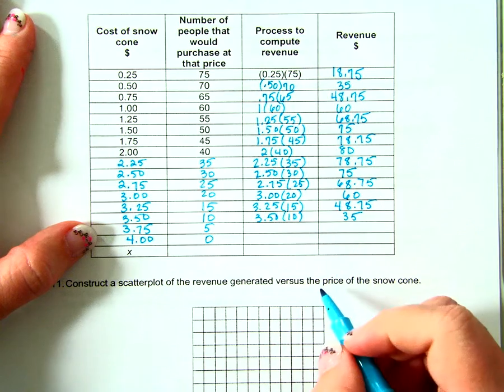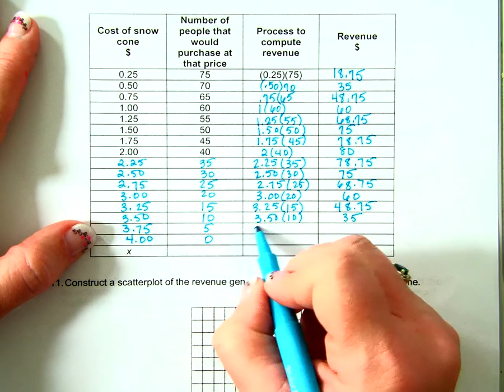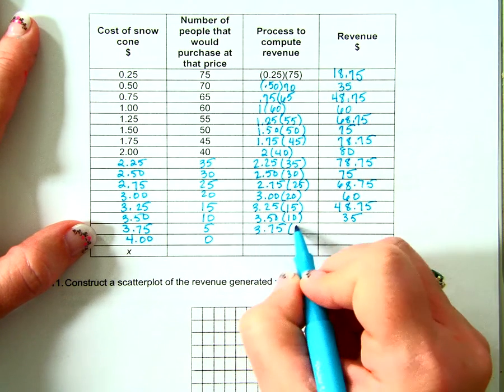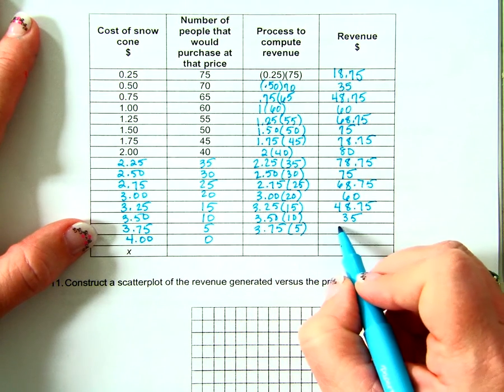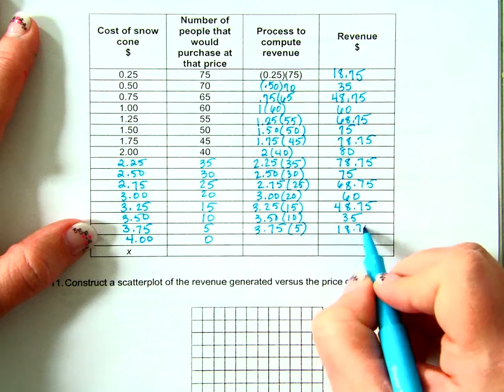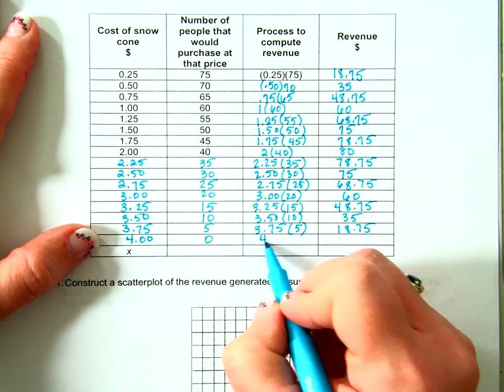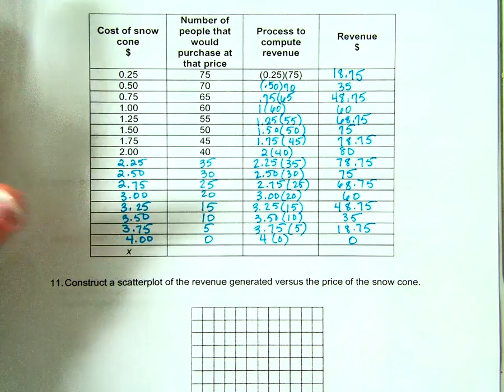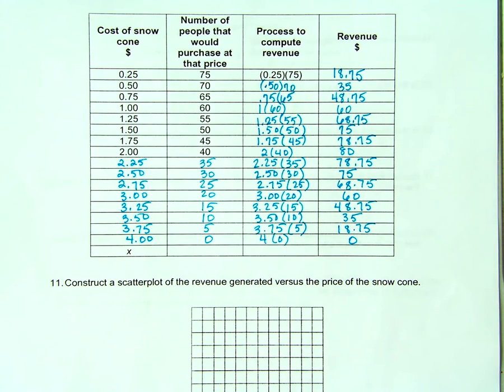Hopefully we see that. 3.75 times 5 is going to be $18.75. And $4 times 0 is $0. Any questions on completing the table?